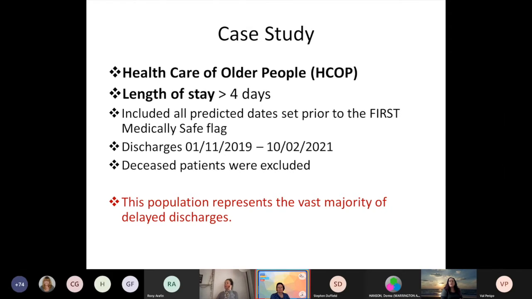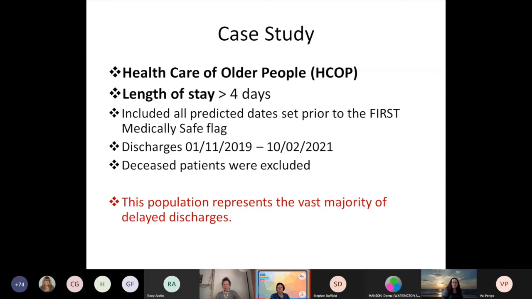It's the biggest population that these problems with the predicted date appear in, because it's the biggest population that needs supported discharge. They need all these things as they leave hospital. I'm looking at only patients with length of stay over 4 days.